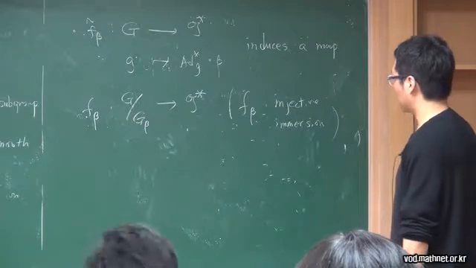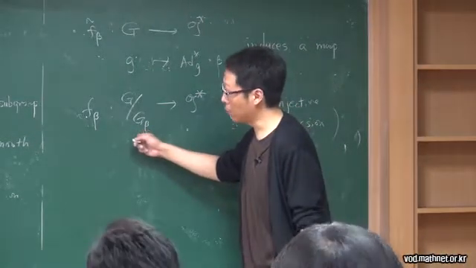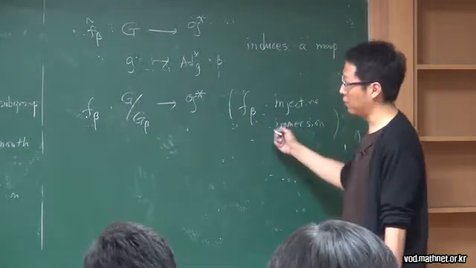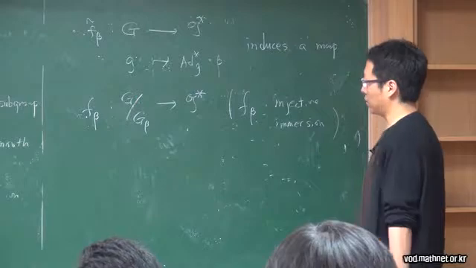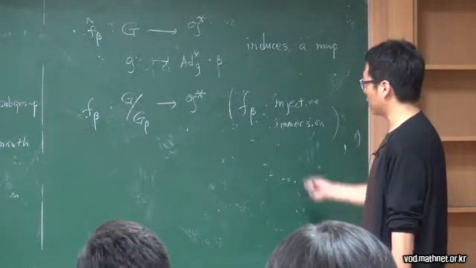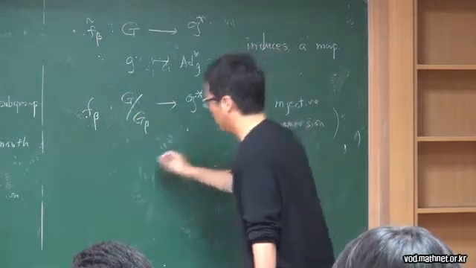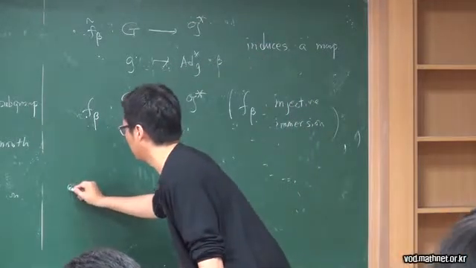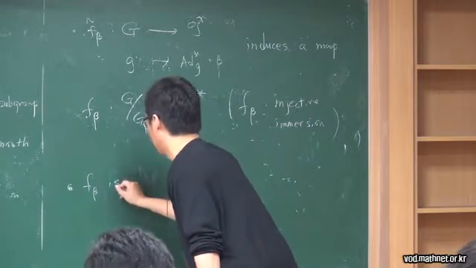So any co-adjoint orbit is immersed in the dual Lie algebra. But if G is non-compact, then we cannot say that it is an embedding. But if G is compact, then the third point is that F beta is an embedding.